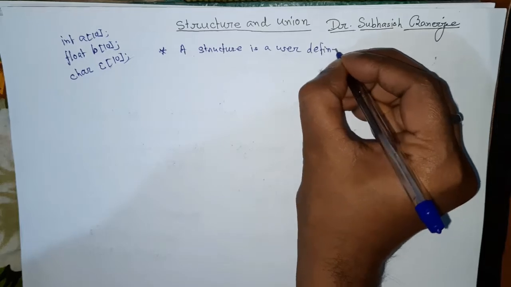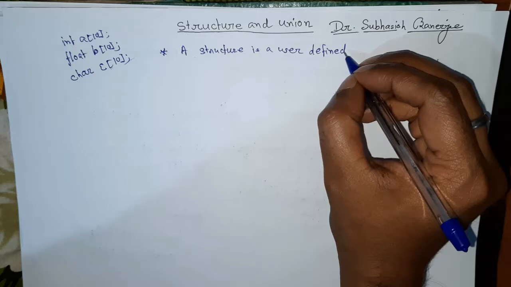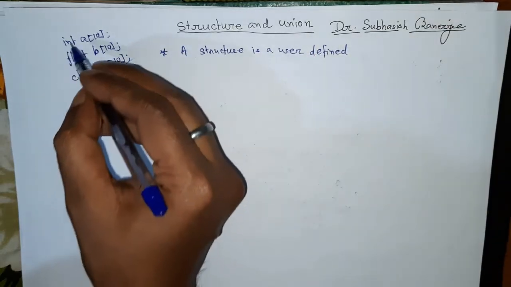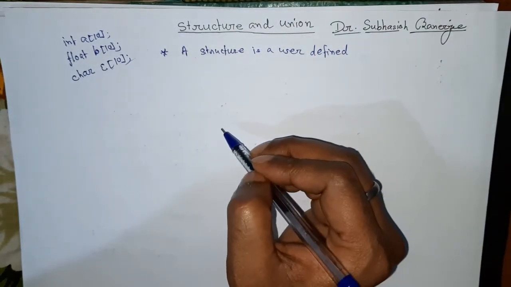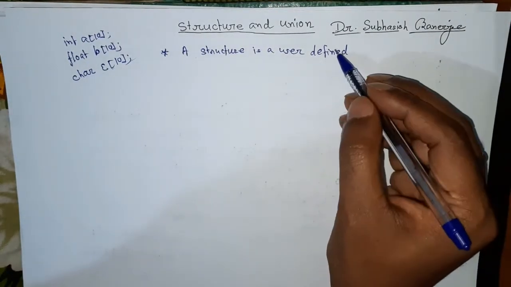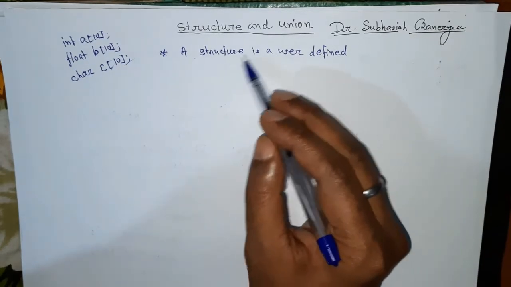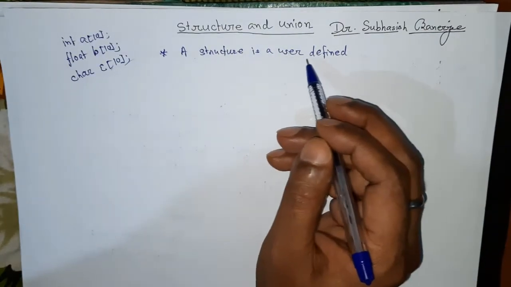As we have already specified, there are three kinds of data types. One is the basic or fundamental data type, like integer, float, character, which comes under that category. Or you may have derived data types, like pointer and array, which come under the derived data type, whereas structures come under another kind of data type, that is user defined.